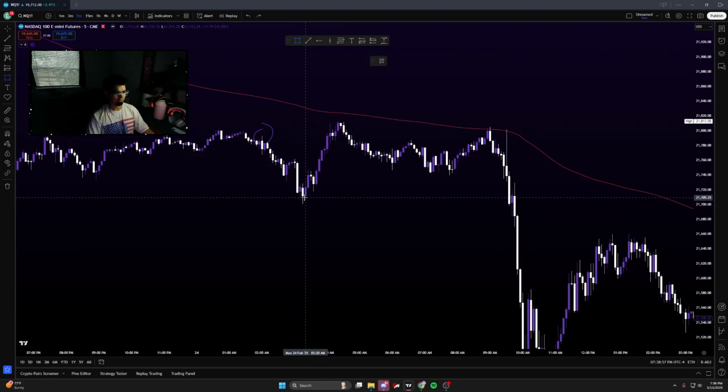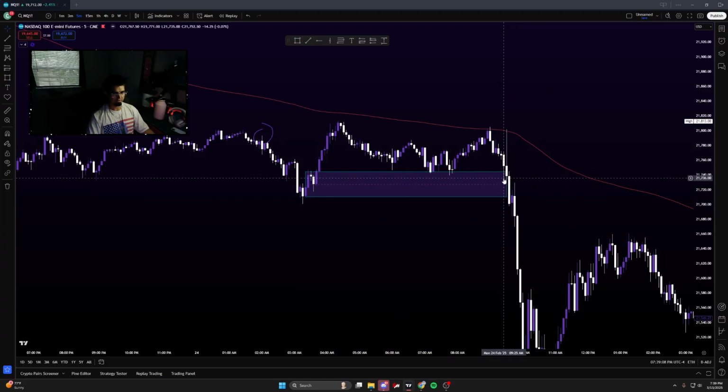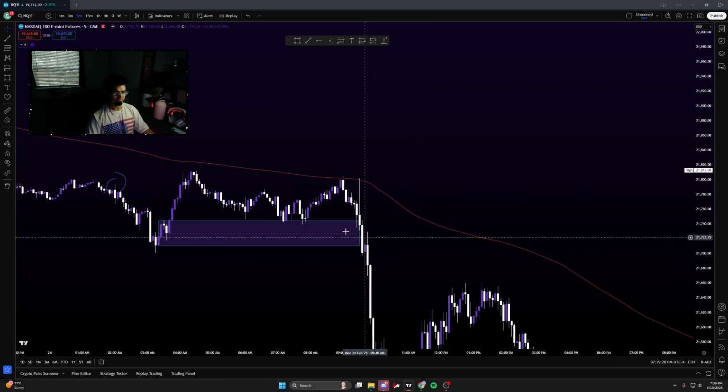A bullish order block. And we see price respects it twice before it gets invalidated. Well, actually three times, because once it taps back down into right here, it wicks all the way back up right here, into this bearish order block, causing it to go down.